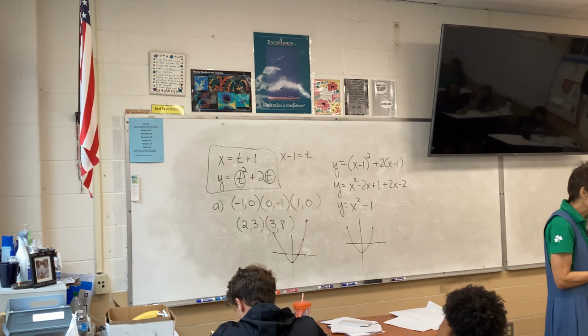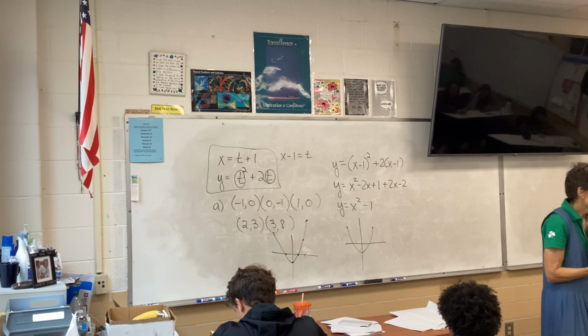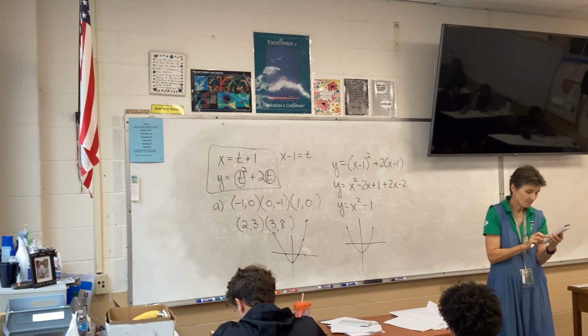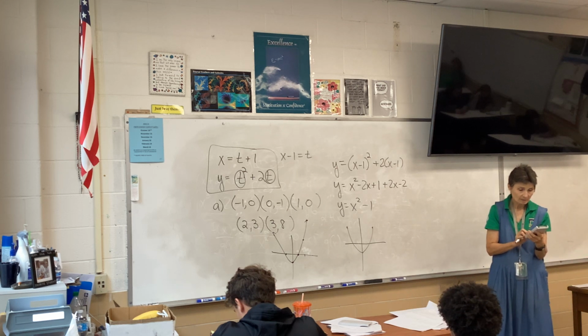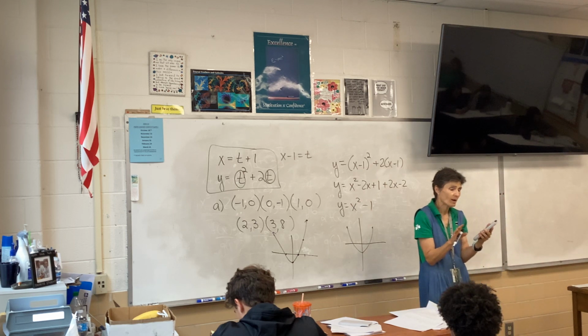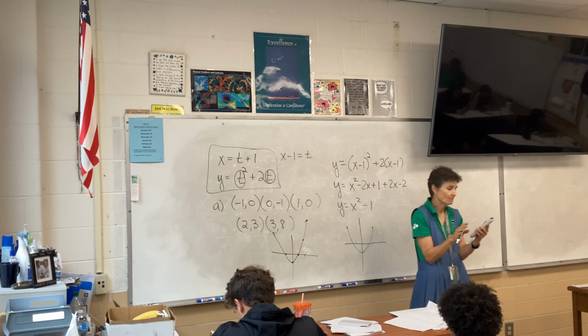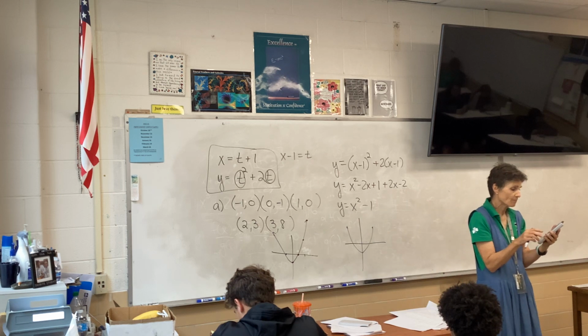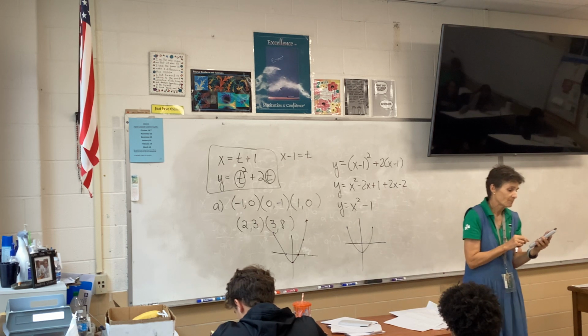Now I gotta do it for T, okay? So let's just let T be -10 to 10. T step, just leave it alone. I don't know how it's set. Let's see if you get a picture. We'll talk about what that does later. And let's hit graph now.